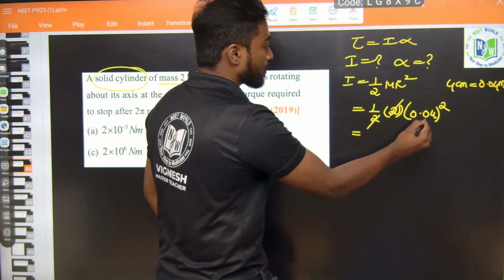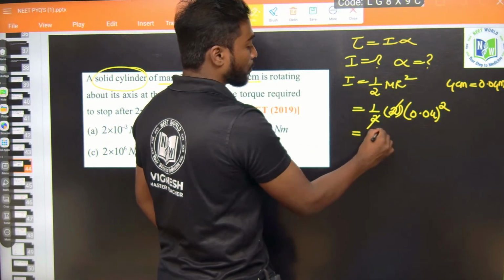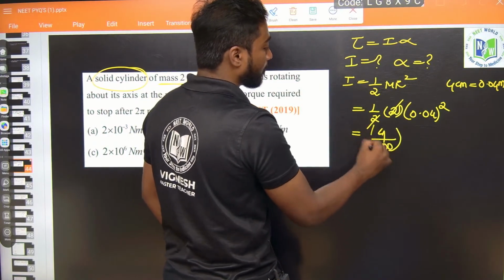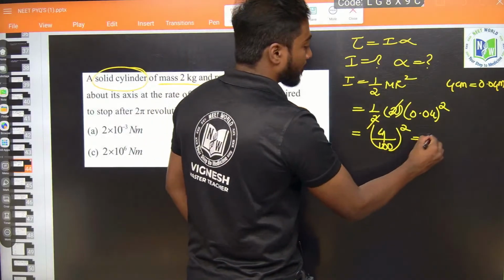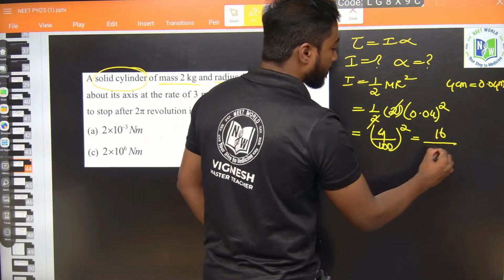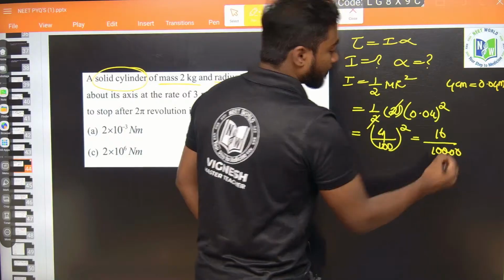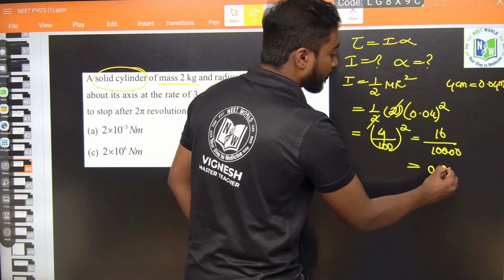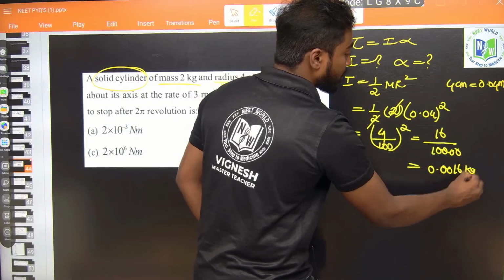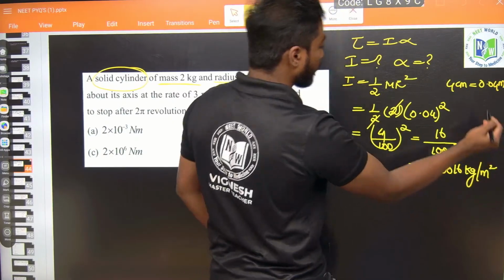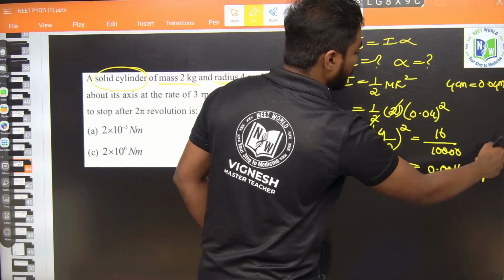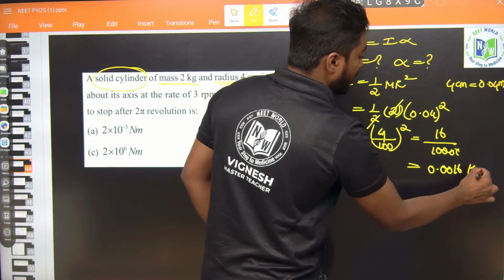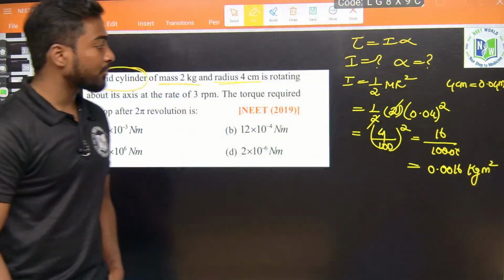So 4 by 100 the whole square, which is 16 by 10,000. So the final answer is 0.0016 kg meter square. Okay, this is the answer for moment of inertia.